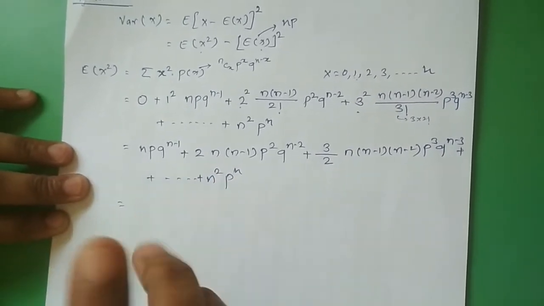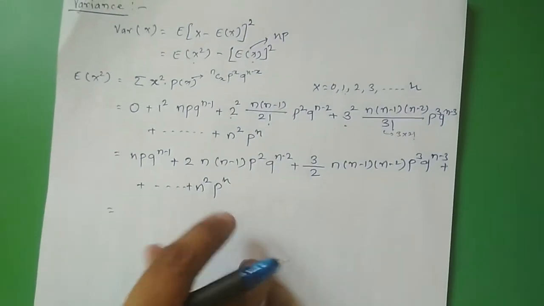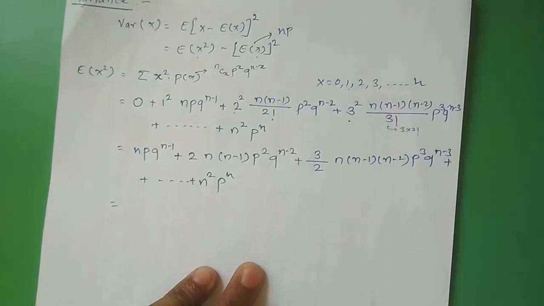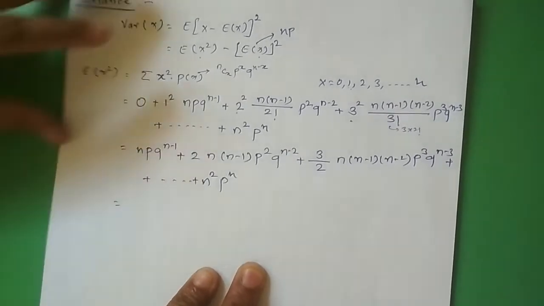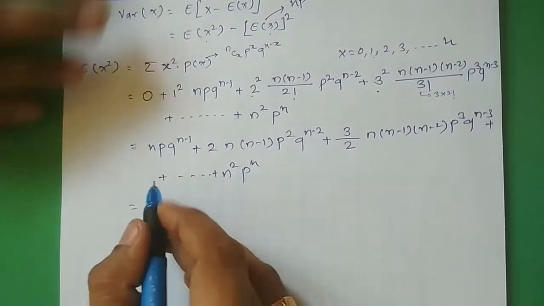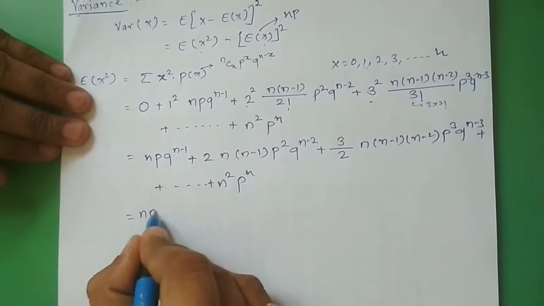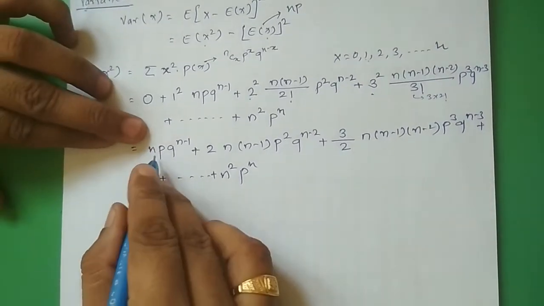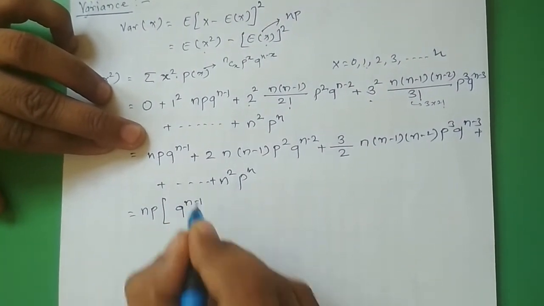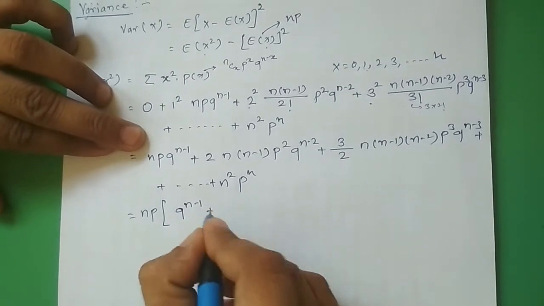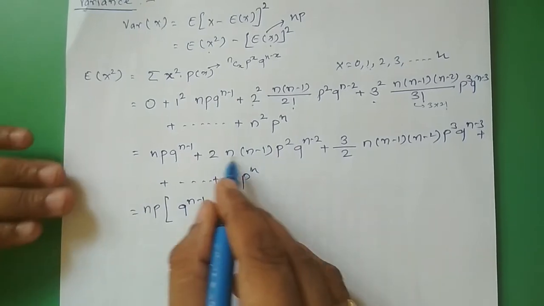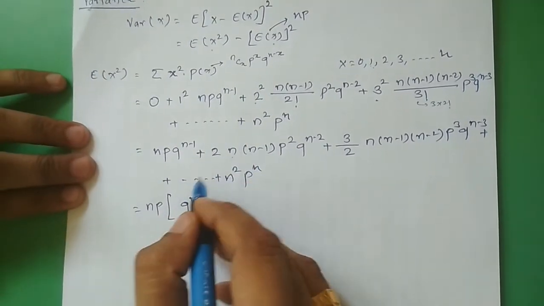Right now, if you carefully observe, same as that of the mean, here you can find out that two terms are common. One is n and second is p. So we will take the common terms outside the square bracket, n and p. So what is remaining inside the bracket? Since n and p we have taken outside, the remaining is q raised to n minus 1. Then again, since we have taken 1 n and 1 p outside the bracket, what will be?